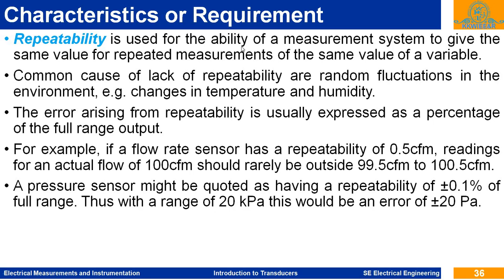Repeatability is used for the ability of a measurement system to give the same value for repeated measurements of the same value of a variable. Okay. So common causes of lack of repeatability are random fluctuations in the environment. Example, change in the temperature and humidity.